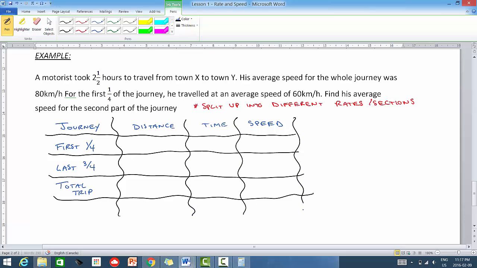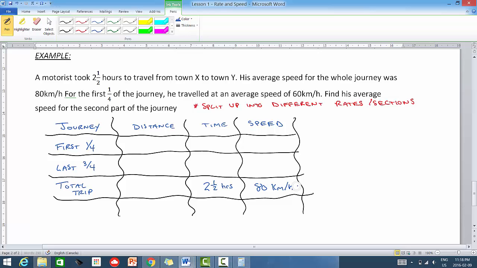So the distance. Let's see what we can fill in here. The motorist took 2.5 hours to travel from town X to town Y. So his total trip took 2.5 hours. His average speed for the whole journey was 80 kilometers an hour. So his speed here was 80 kilometers an hour.